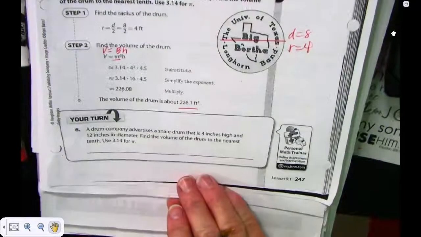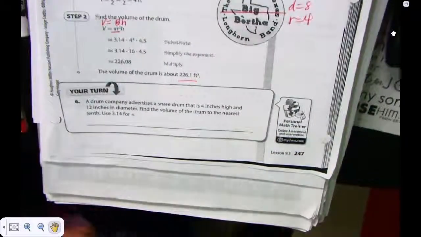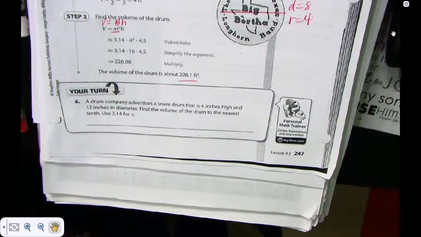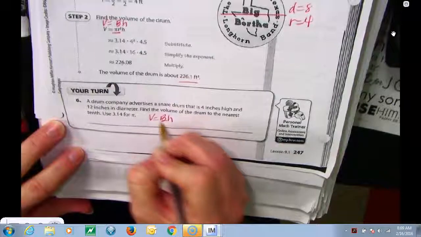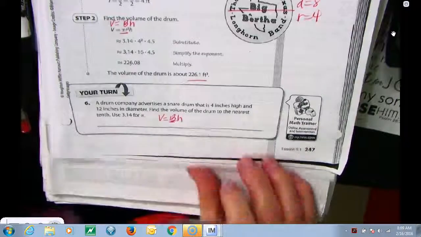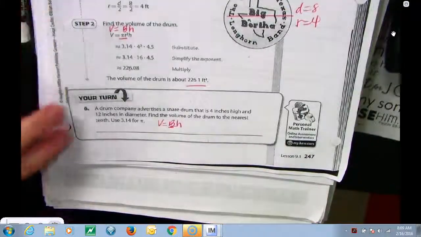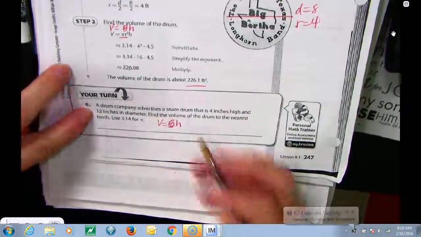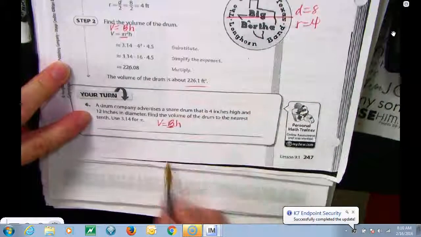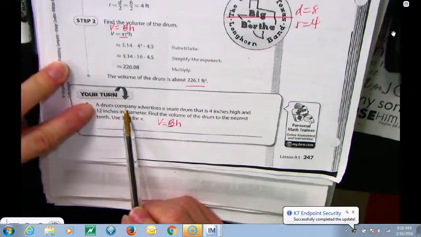Okay, now look at number 6. Under the capital B, we're going to, okay, and a lot of times they don't tell you it's a cylinder.